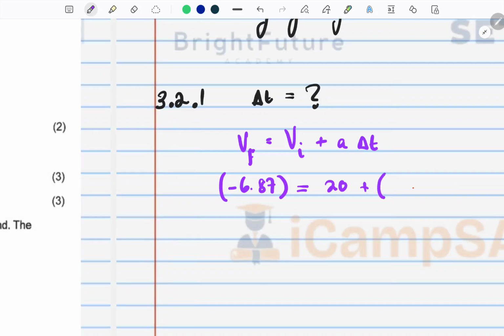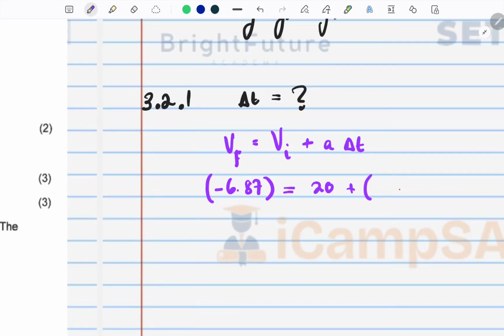And then plus acceleration, which is always going to be going downwards. So that means it's going to be minus 9.8 meters per second squared, times delta t. Then this is what you have now. You just transpose this, take 20 to the other side. So you're going to have minus 26.87 equals minus 9.8 delta t.